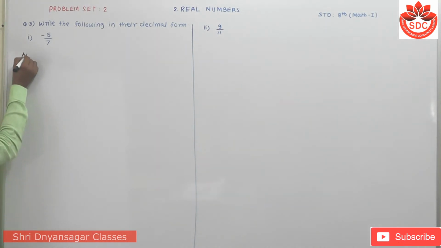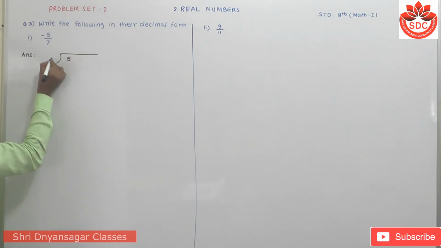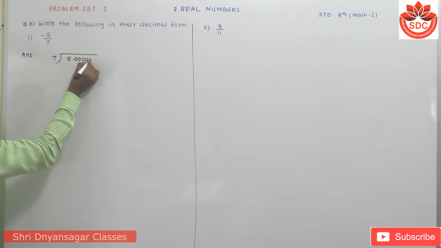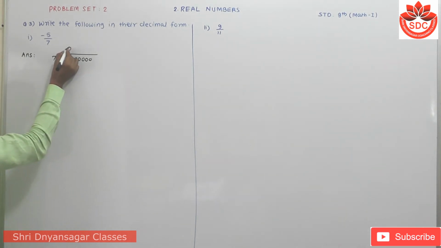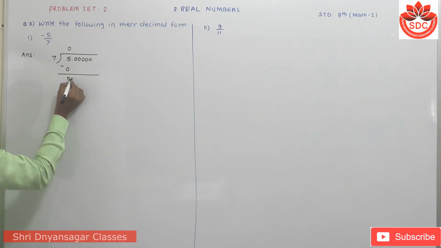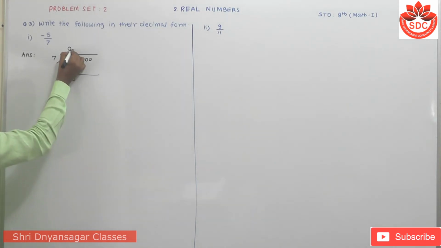So the answer is, you have to divide this 5 by this 7, meaning 5.00000 etc. Now student, when we divide it, we cannot divide it, so take a 0 here. When we subtract the 0, it becomes 5. Then we take 50 here. Decimal point right here.